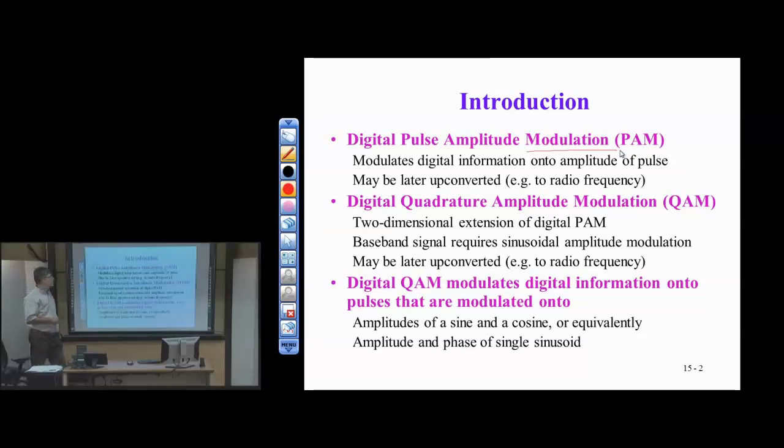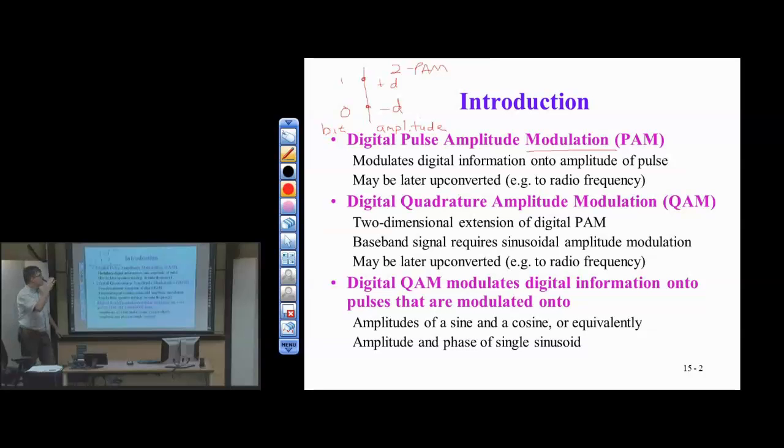The normal procedure in PAM, consider just 2-PAM as an example. For 2-PAM, I have a bit of value 1 and a bit of value 0. I map a bit of value 0 to minus d, and a bit of value 1 to plus d. The values d and minus d are used to scale the pulse shape that we're going to use for transmission.